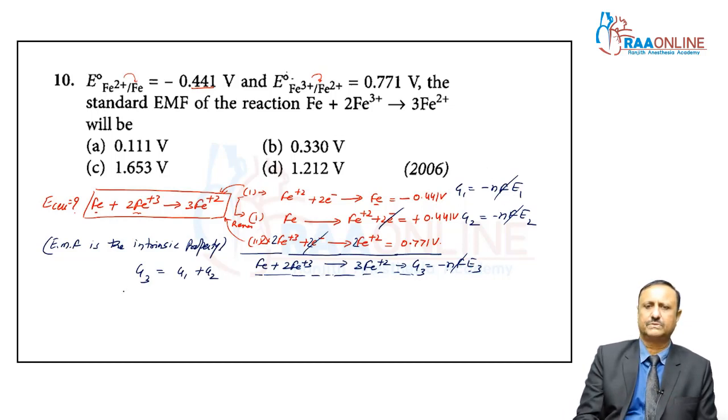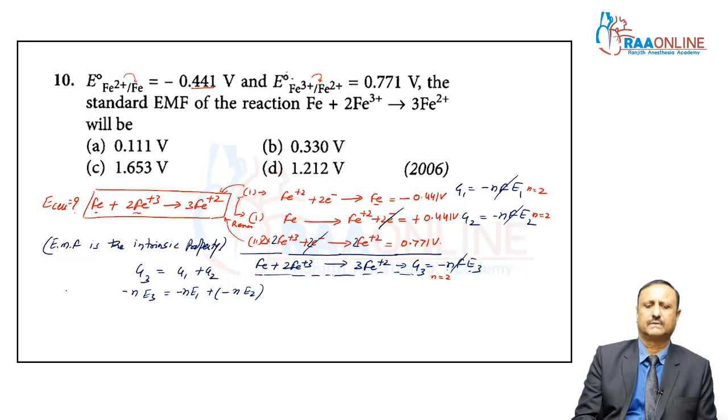Here you can put the values: minus n E3 is equal to minus n E1 plus minus n E2. Now you can put the number of electrons here, my dear students. For n, you can see only 2 electrons participate here. So 2 electrons participate, n is equal to 2.